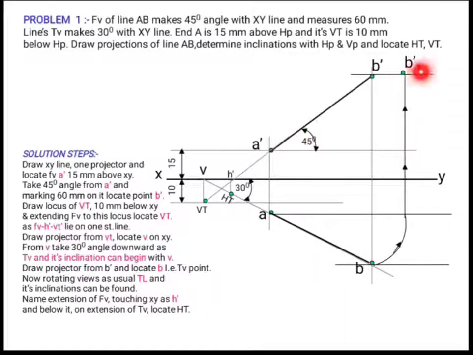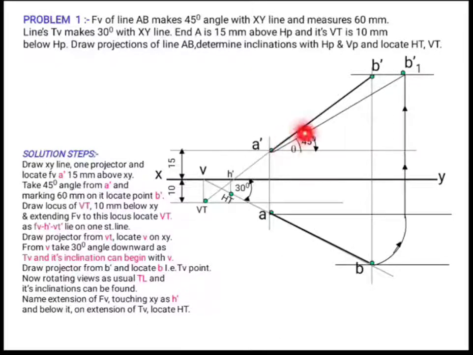Now joining A dash B1 dash will be the true length at elevation side, and that inclination theta represents the actual inclination of the line with horizontal plane.